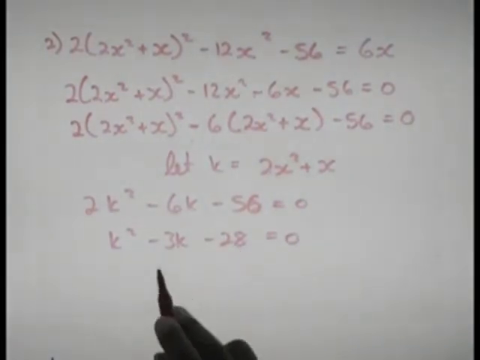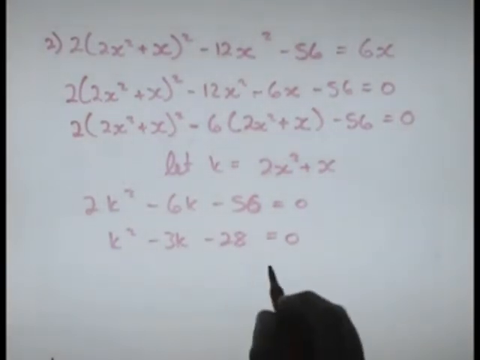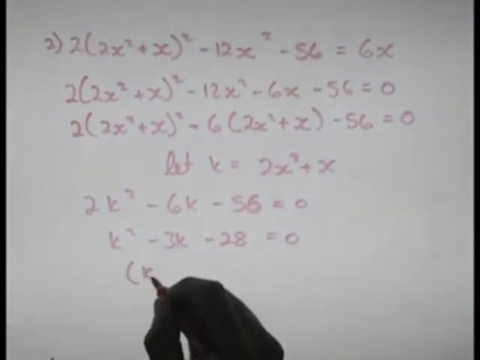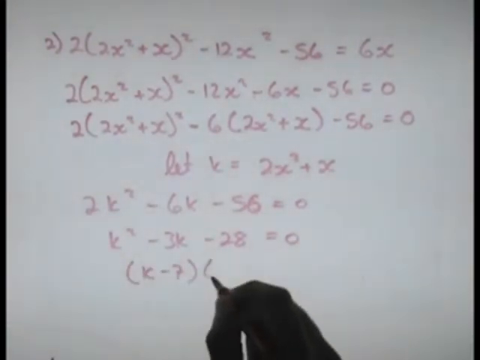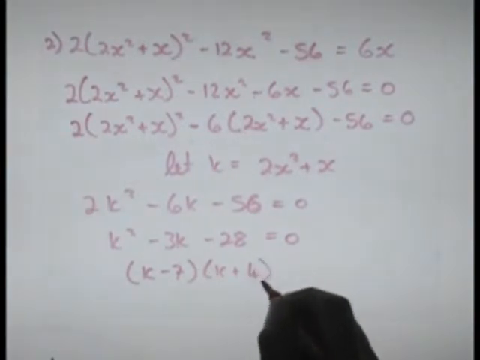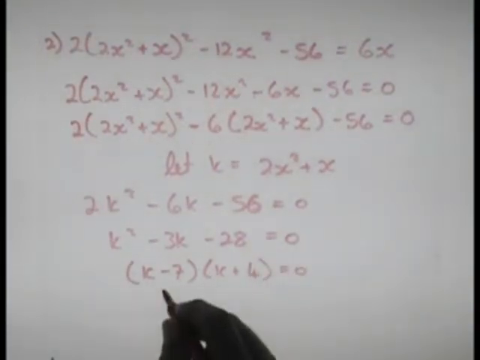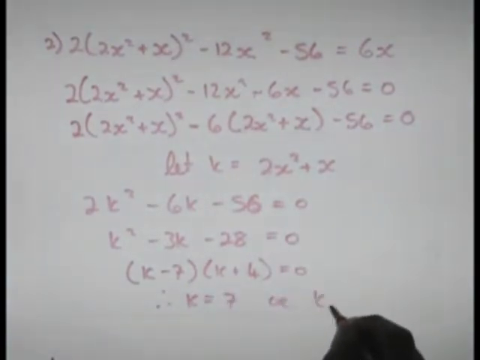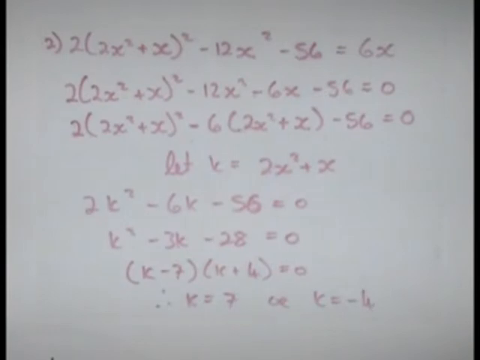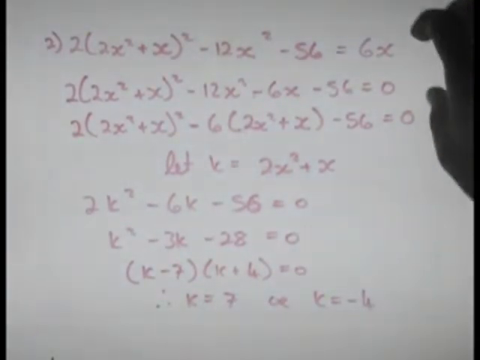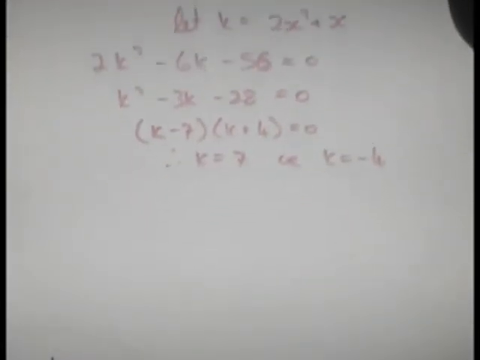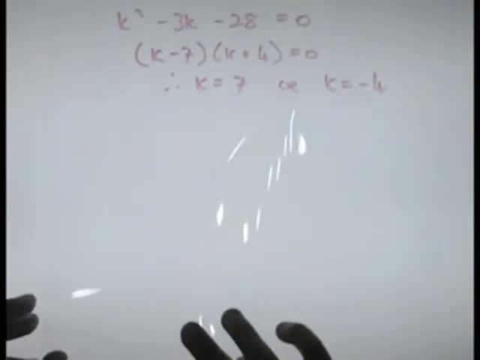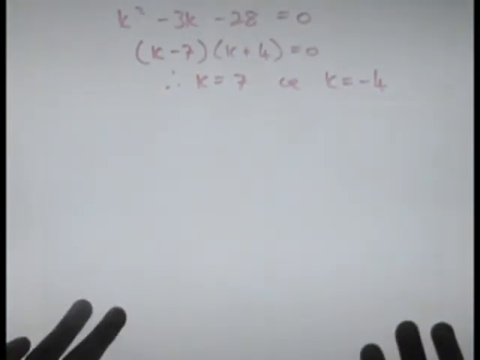Factors of 28 that will give us 3 is 7 and 4. (k minus 7)(k plus 4) is equal to 0. That means that k is equal to 7 or k is equal to negative 4. Now remember, I'm not solving for k, I'm solving for x.